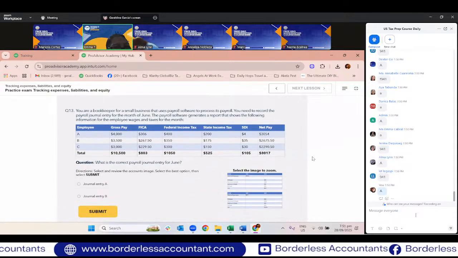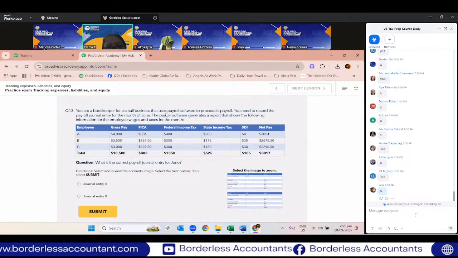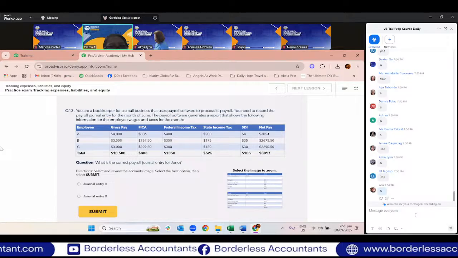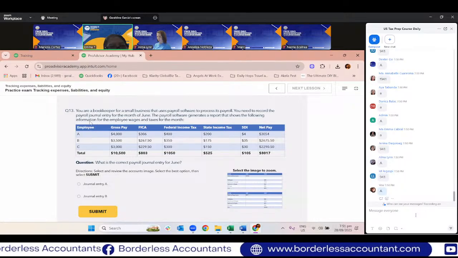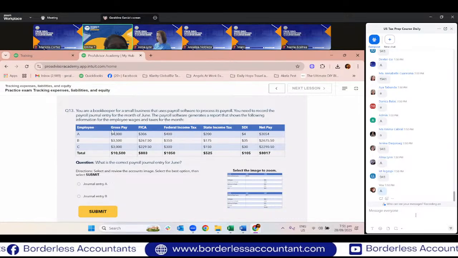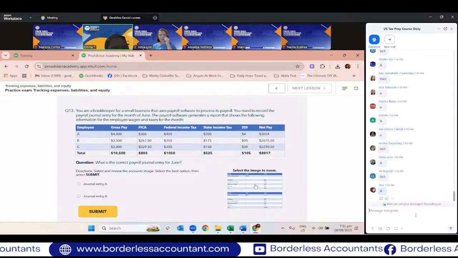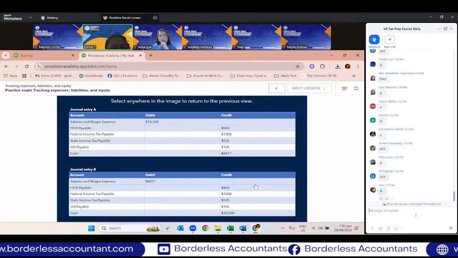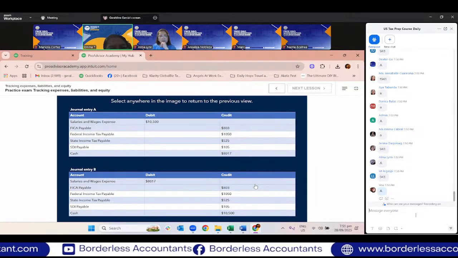So question number 13. You are a bookkeeper for a small business that uses payroll software to process its payroll. You need to record the payroll journal entry for the month of June. The payroll software generates a report that shows the employees' wages and taxes for the month. Journal entry A: debit salaries and wages expense, 10,500.